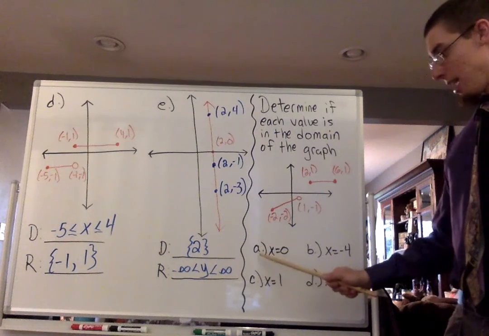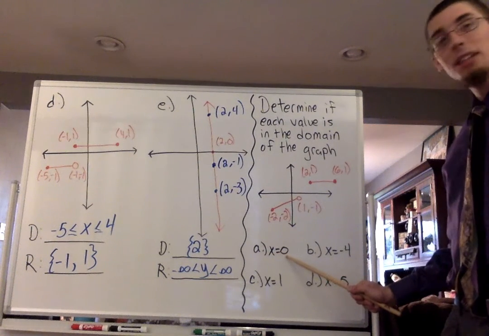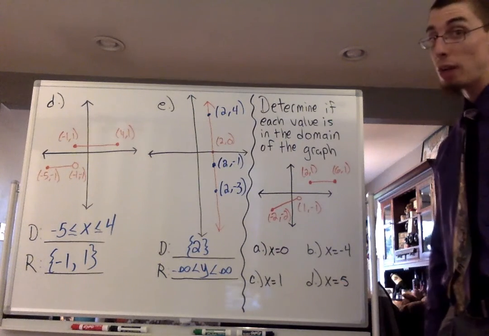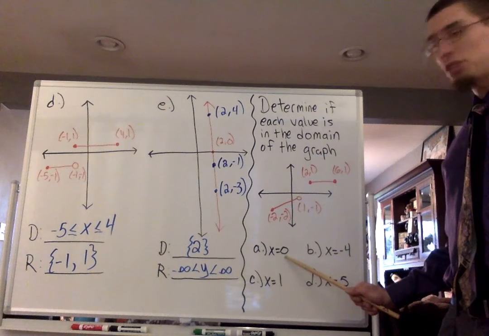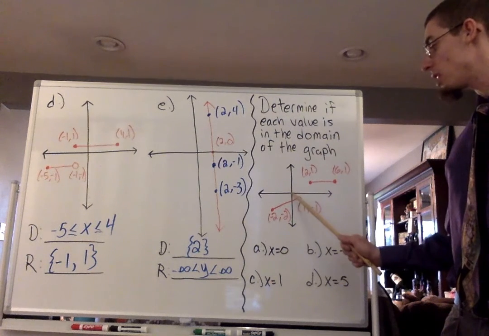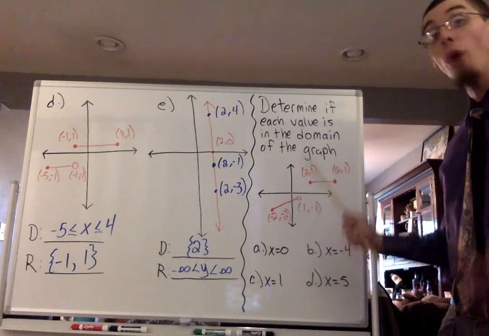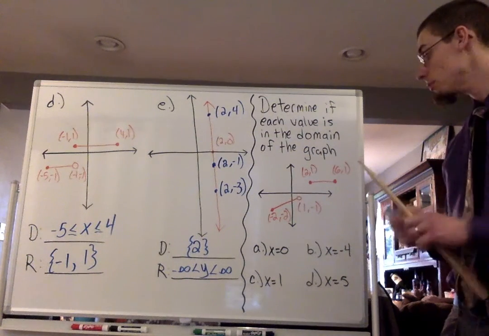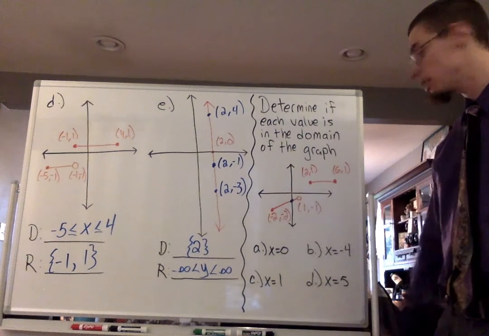So A, x equals 0. Let's see if that is in the domain of this graph. How do I determine that? Well, find x equals 0, which would be right here, and see if there's a point on the graph that would actually have that. You see how this point right here is on the graph?